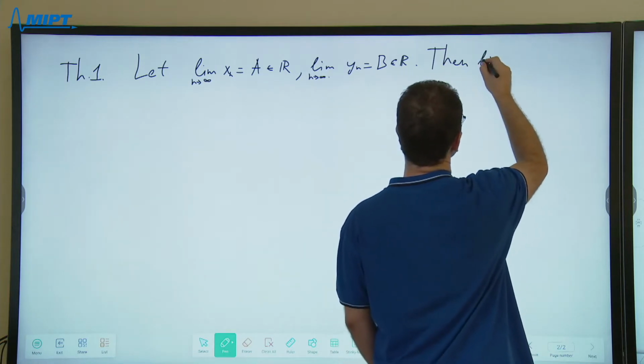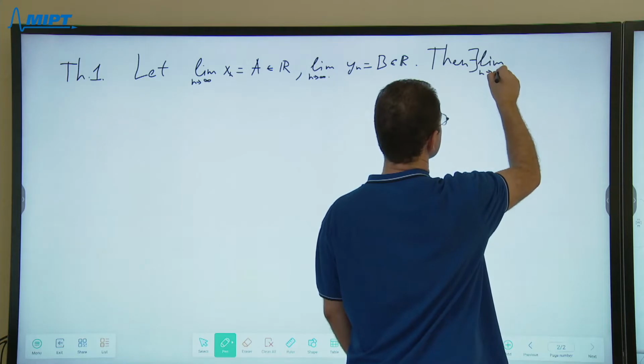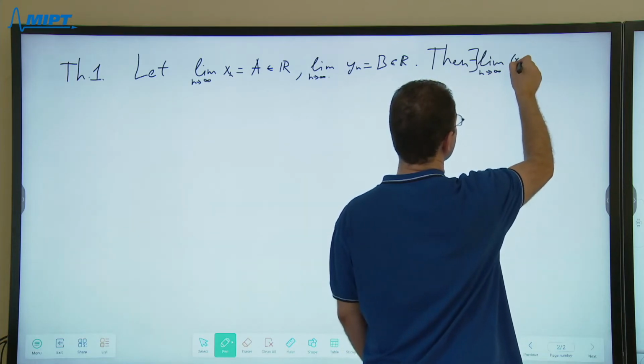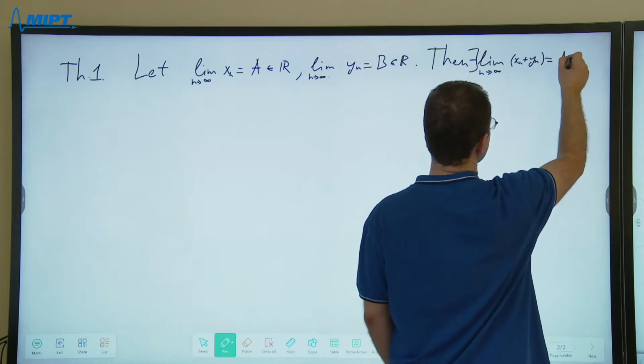Then there exists a limit of xn plus yn, which is a plus b.